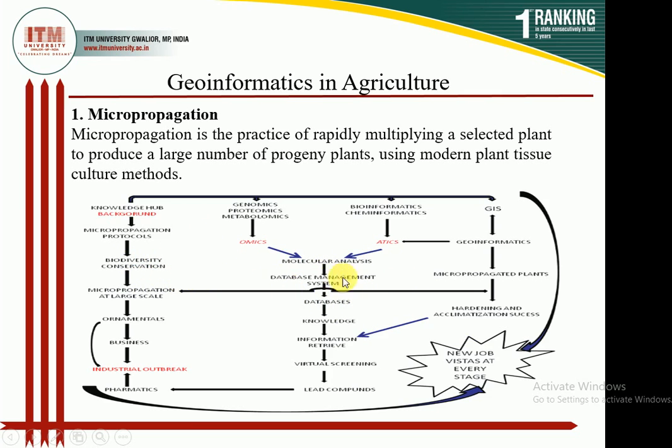Later on, a model is generated, which interprets at what time the plant needs water, what the specific growth period of that plant is, and at what time the root and shoot will emerge. We apply all those interpreted data for production of the shoot, root, or any tissue of a particular plant. In this way, we can use geoinformatics in micropropagation.